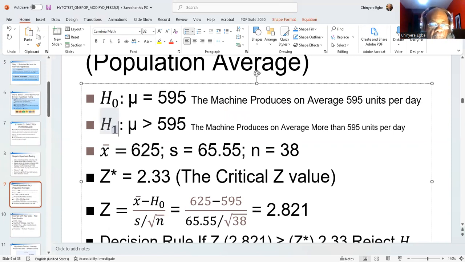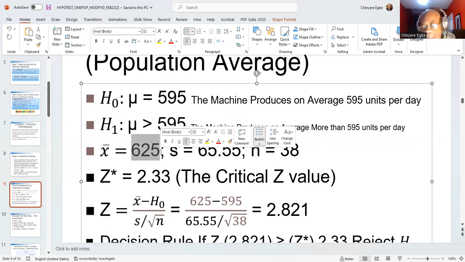I said that mu is greater than 595, and the reason we say that the alternate is more than 595 is that we have a sample mean that is already higher than 595. And so we state the alternate to be greater than 595. But we want to know if statistically that makes sense. The whole idea is not that because you see 625, you conclude that you're rejecting the null hypothesis.